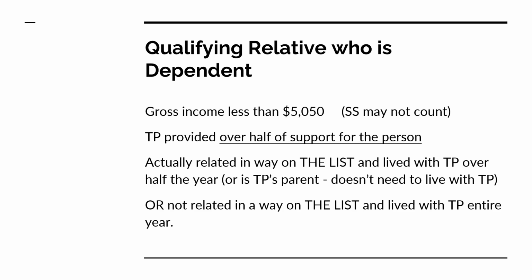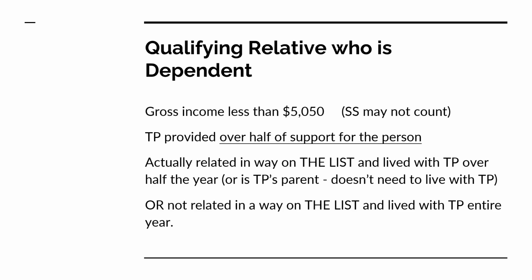So the other kind of dependent would be a qualifying relative who's a dependent. And this includes people who don't fall into the child category, either because they're not the right age, don't have the right relationship, or don't meet the other criteria.